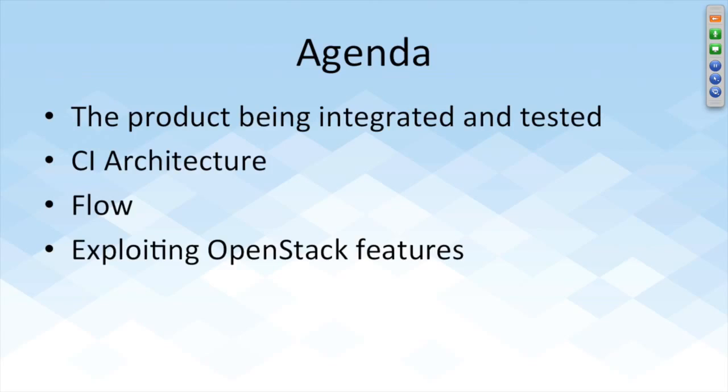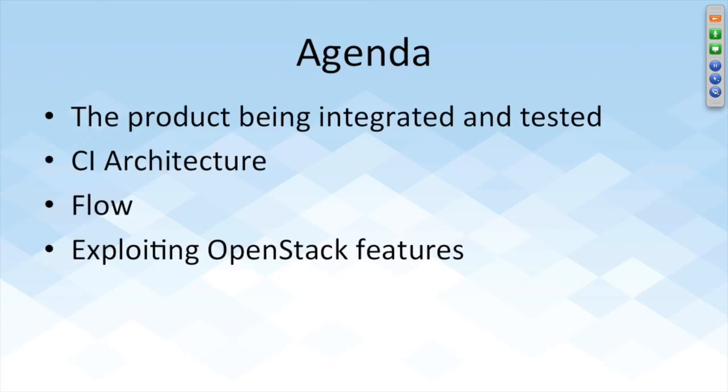So we use OpenStack to help us automate our continuous integration pipeline for building, integrating, and testing our own Platform 9 product. So the first thing I'm going to do is talk a little bit about the product itself that's being built so that you can understand a little better how it flows through the pipeline.